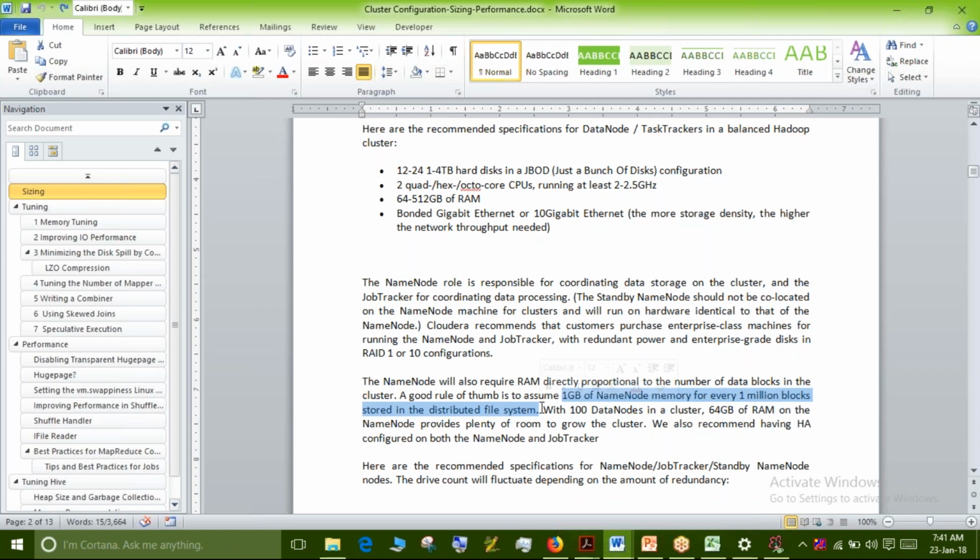For every 1 million blocks of data on your storage, you require 1 GB of the name node main memory. I'm talking here not your secondary memory, where you store your data and the other stuff, right? 1 GB of name node memory for every 1 million blocks stored in the distributed file system.